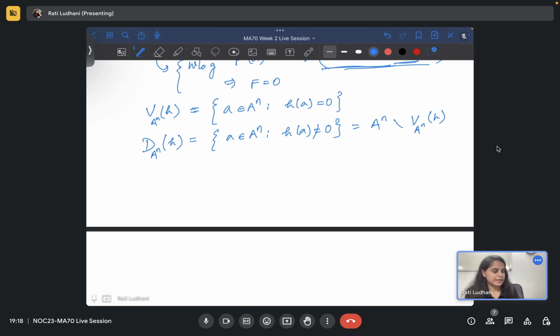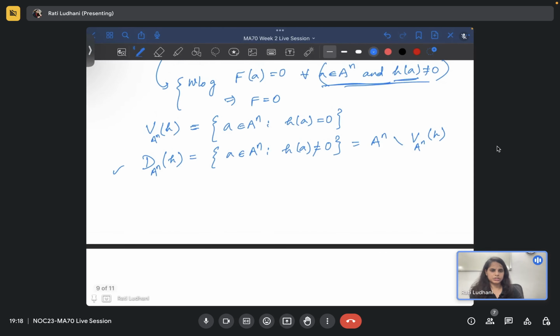Sure. Okay, so we don't need to understand geometry for this, but the notation is coming from there, but that's okay. So you define this D to be this set where h is non-zero, all those points where h is non-zero. So what we are saying, if we can produce these n_1 to n_n, let me write.